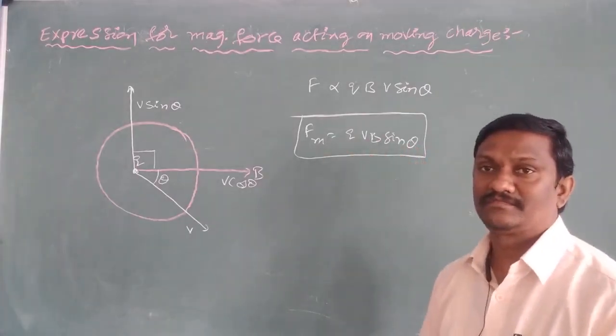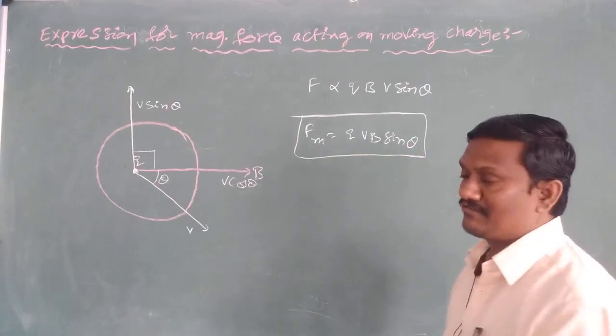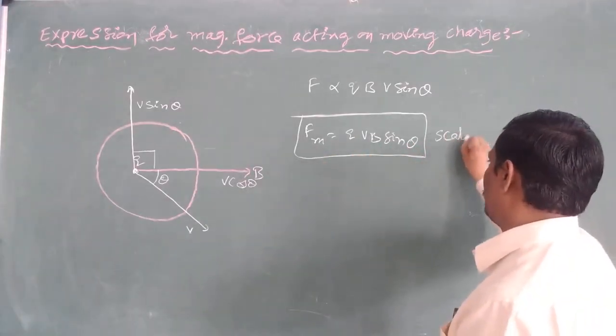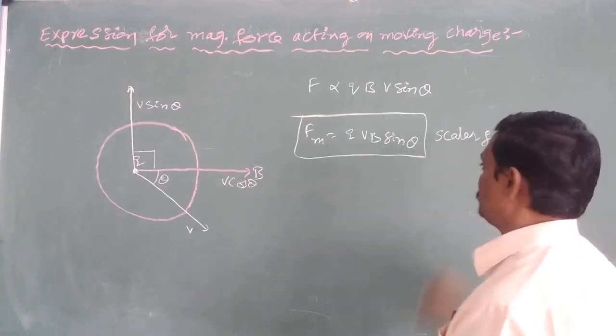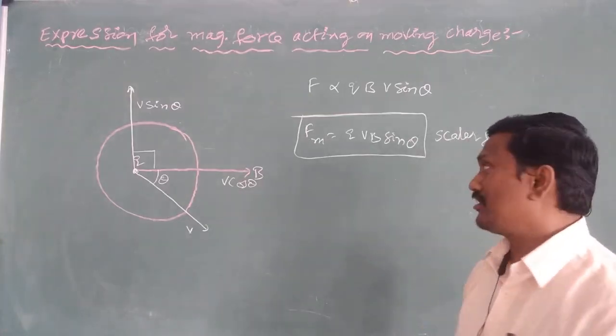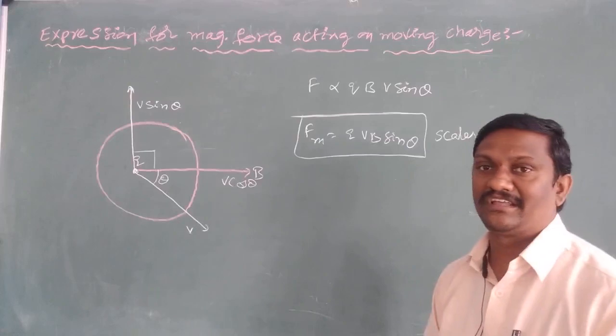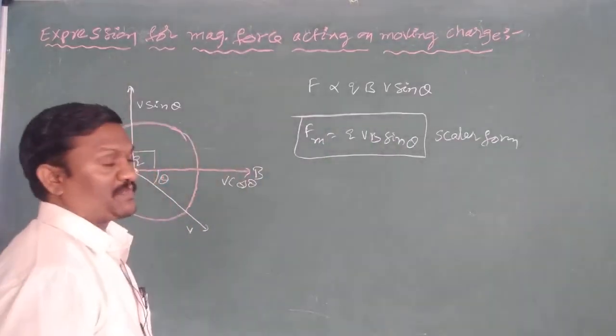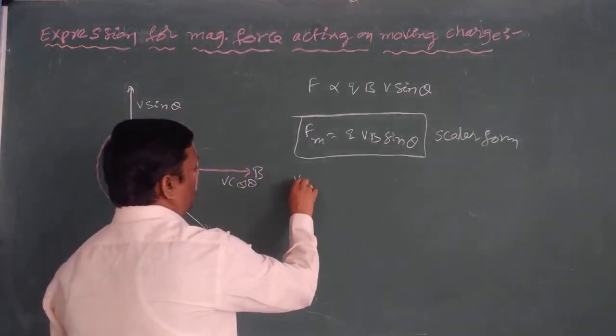So that is the expression for the magnetic force acting on a moving charge, in scalar form. But we know force is a vector quantity, so let us express the same expression in vector form.